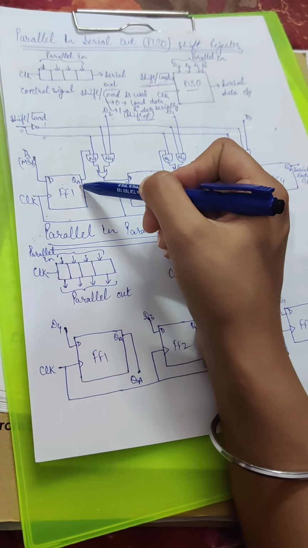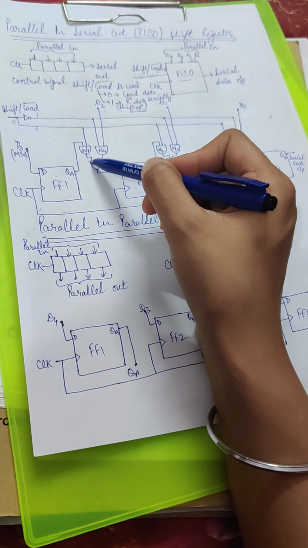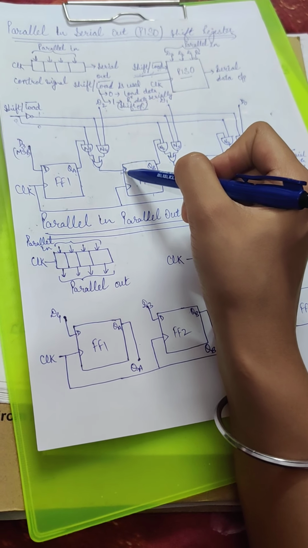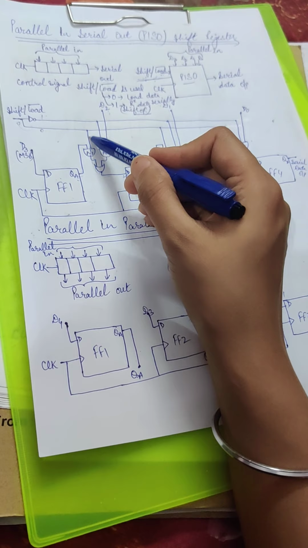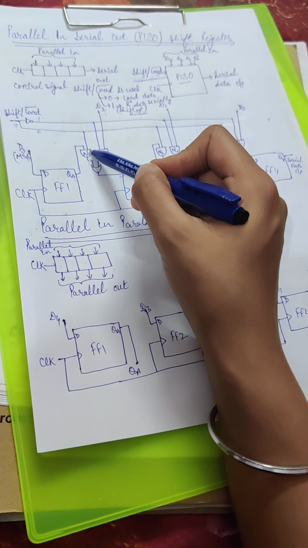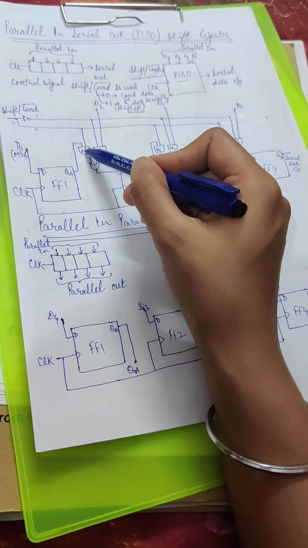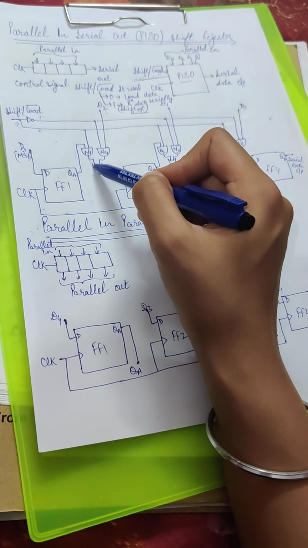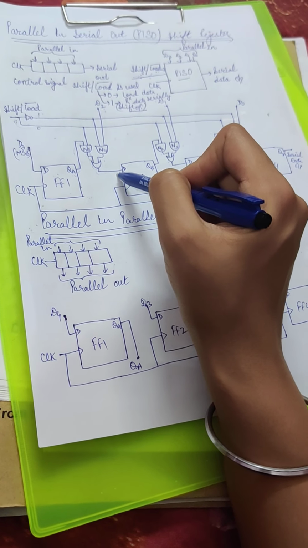So the output of QA is connected to N1, which is shifted to the input of the next flip-flop. Because N1 is active, its input is already 1 and the second input is QA. If QA is 1, then its output is 1. And at the OR gate, 1 plus 0 becomes 1. So the input to the next flip-flop is 1.